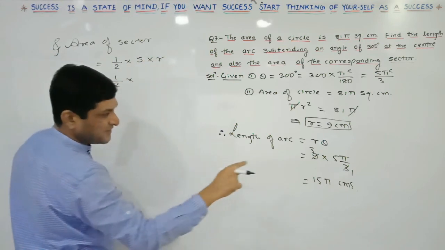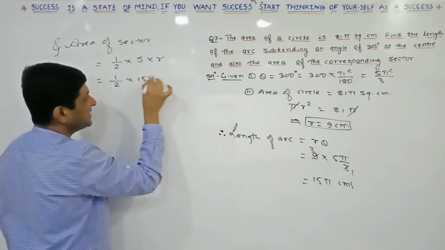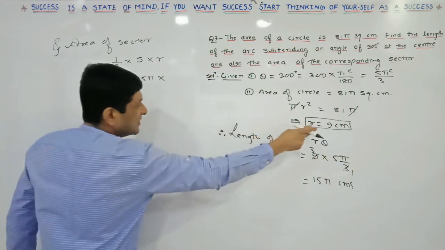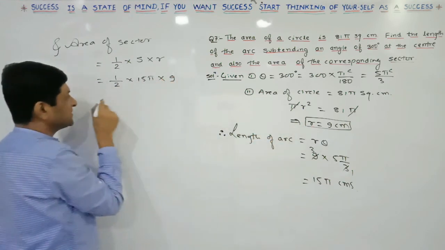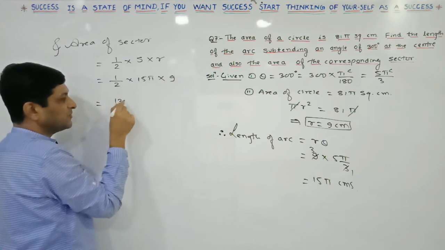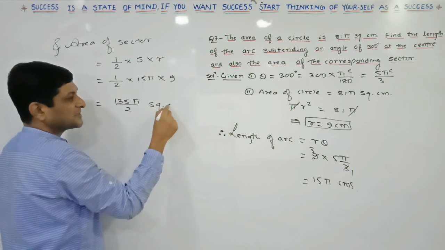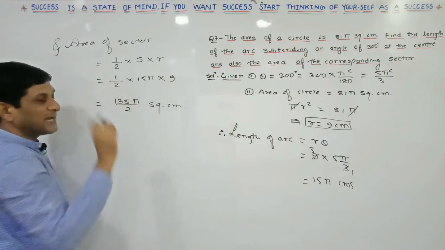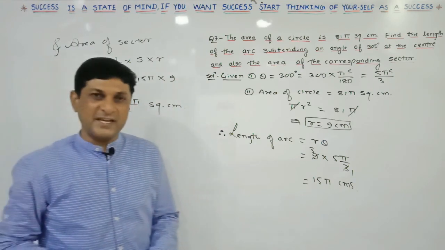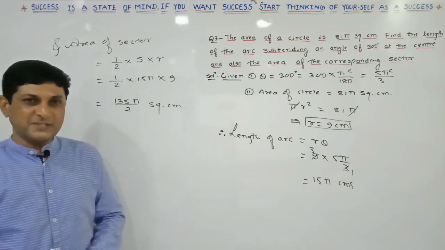Just now we have got the value of s, meaning length of arc, that is equal to 15 pi, and radius is equal to 9. So 15 into 9 will be equal to 135 pi divided by 2 square centimeter. This will be our second required value, that is the area of sector. In this way we have got the length of arc and the area of sector also.